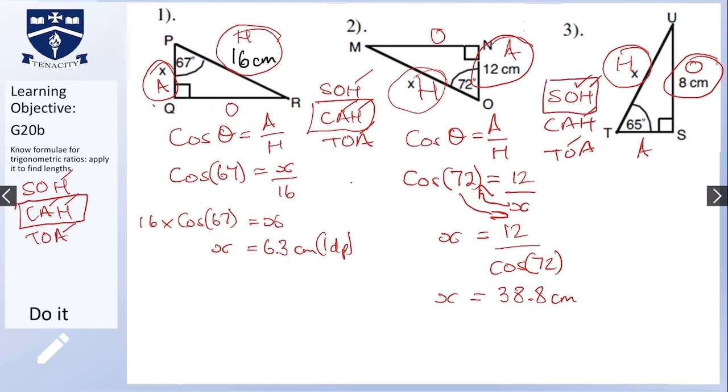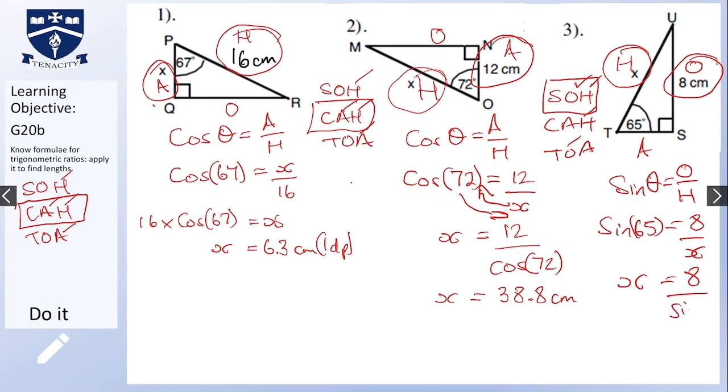So this time I'm using sin. So sin theta equals opposite over hypotenuse. Now, again, we need to put the numbers in. So sin 65 in brackets is equal to, the O is 8 and the H is x. Again, we need to rearrange. So the x needs to come up top and the sin part is going to go underneath.